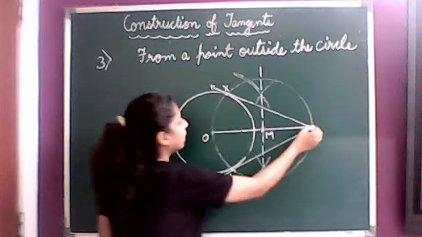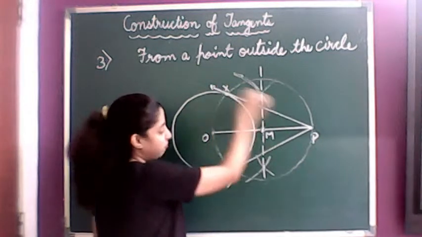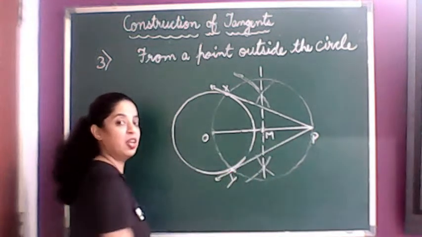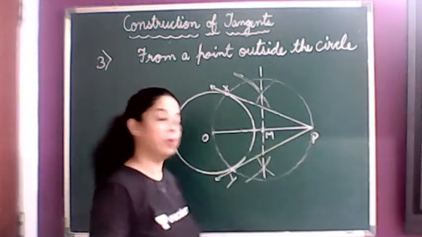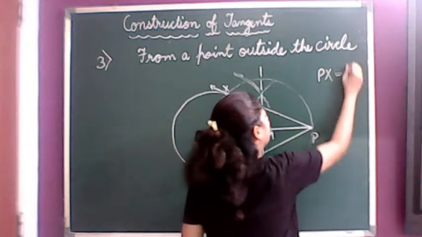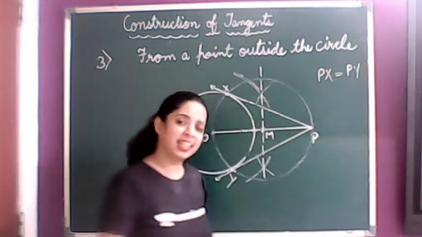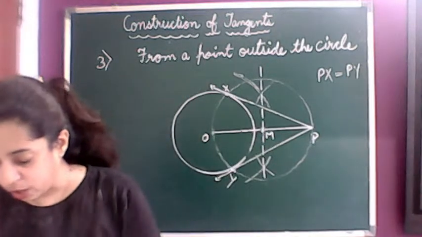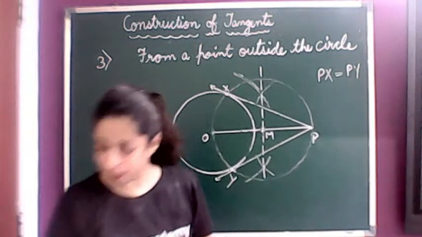So you have drawn a tangent PX from the external point P. You have also drawn one more tangent PY, also from the external point P. And you should know that the length of PX is equal to PY. Is this clear? I will draw it once more to explain this very clearly.